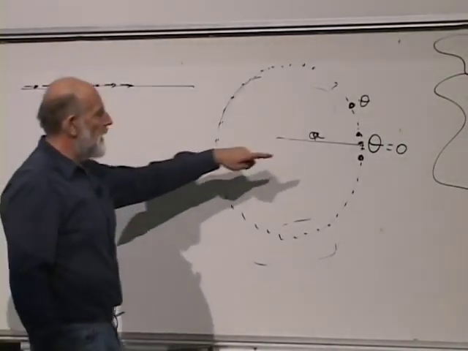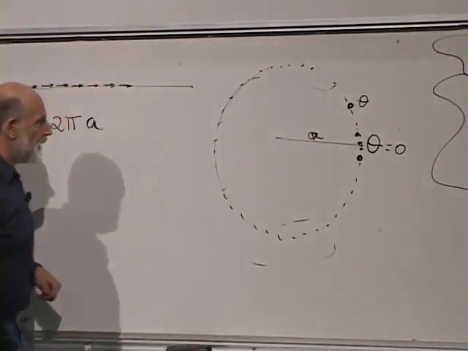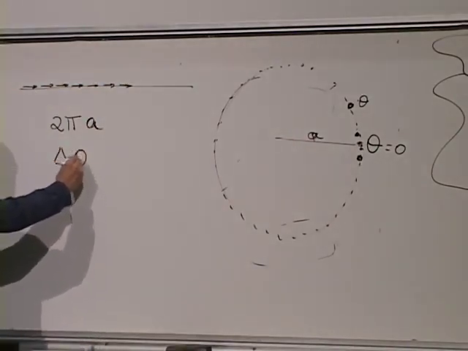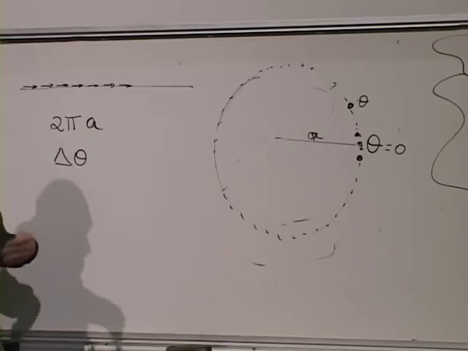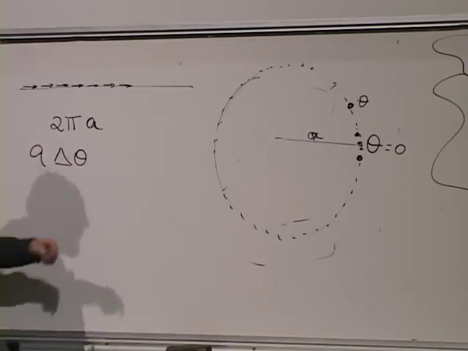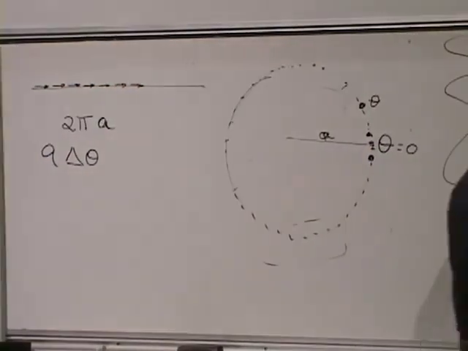But what's the distance between 2 neighboring points? Let's suppose the points were separated by a distance delta theta. Then the distance between them would be A times delta theta. The radius of the circle times the change in angle.